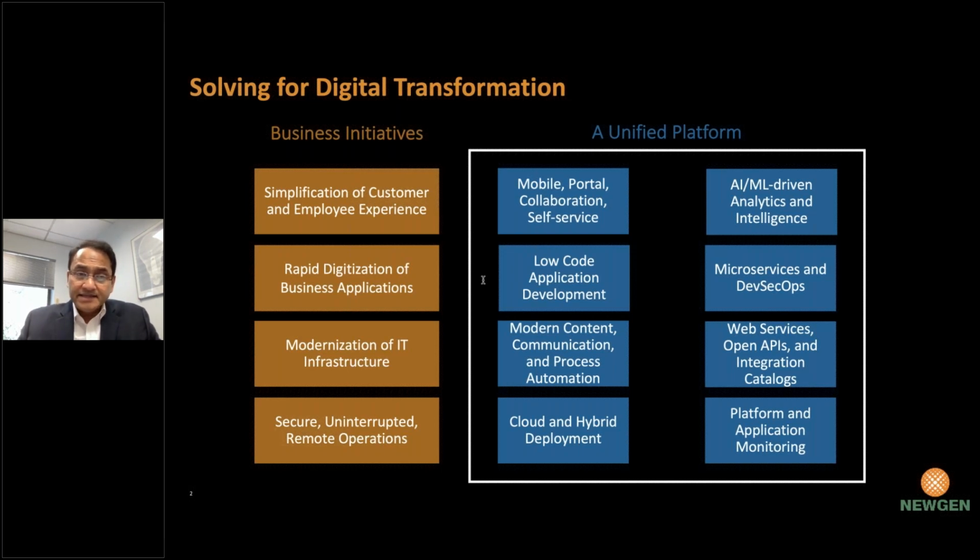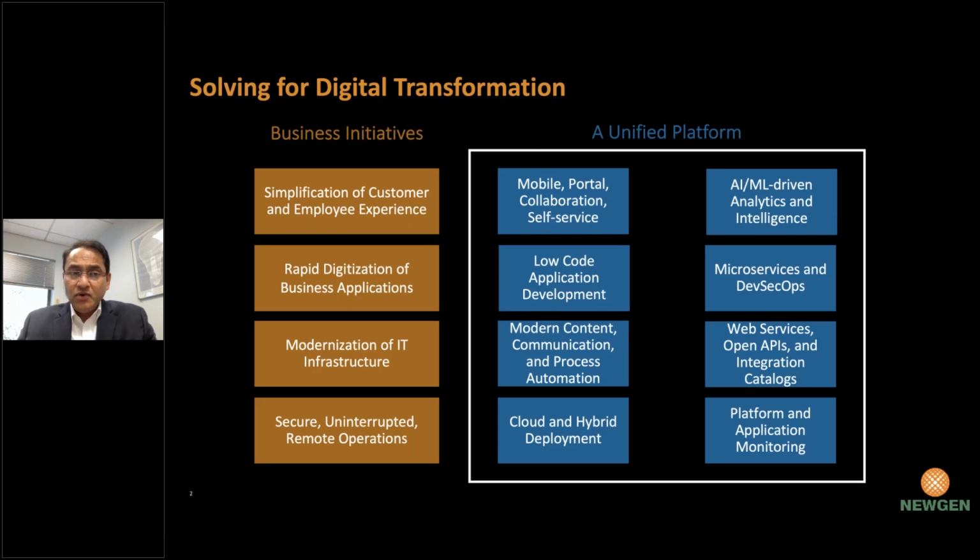So all of this in a single and unified digital automation platform, not just to solve for your IT transformation and rapid application development, but also your customer and employee experience needs.